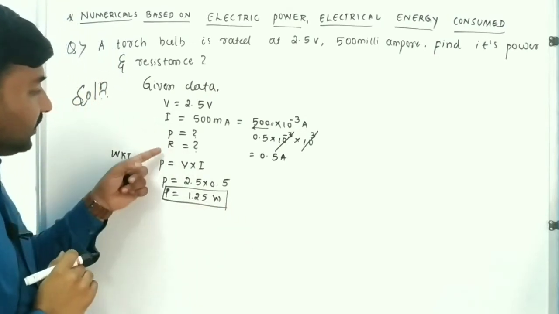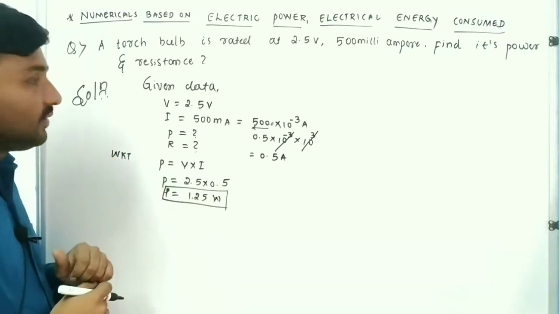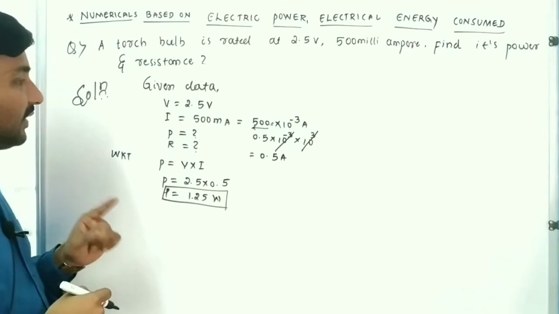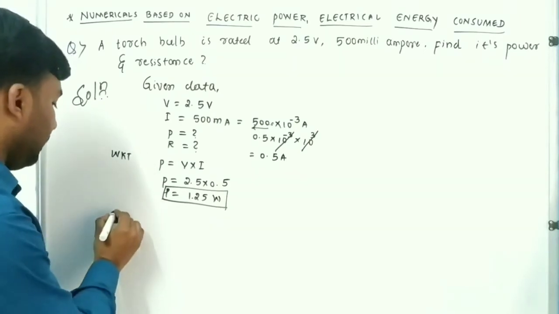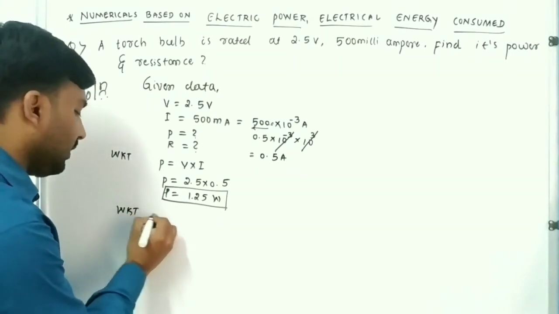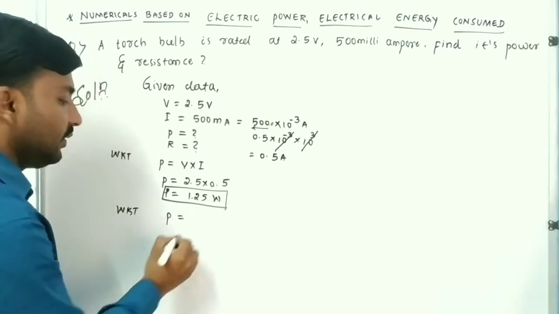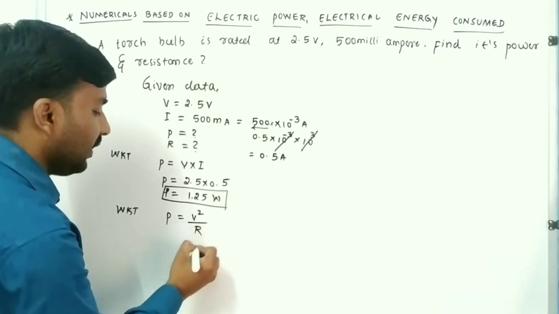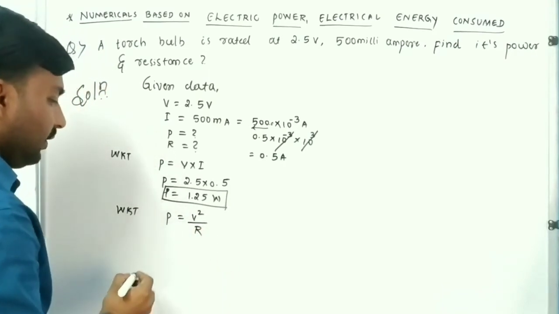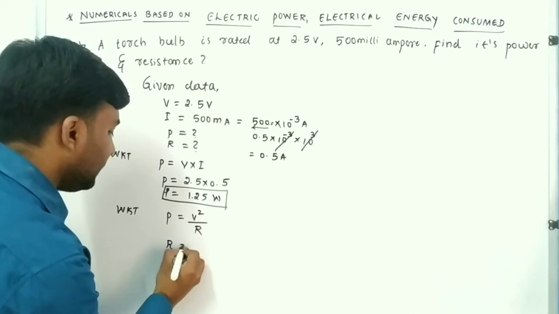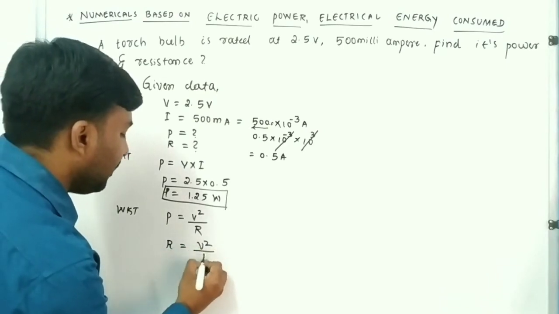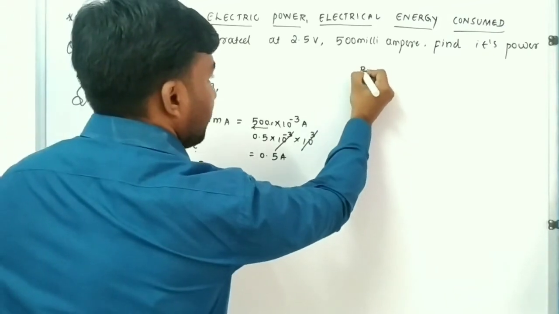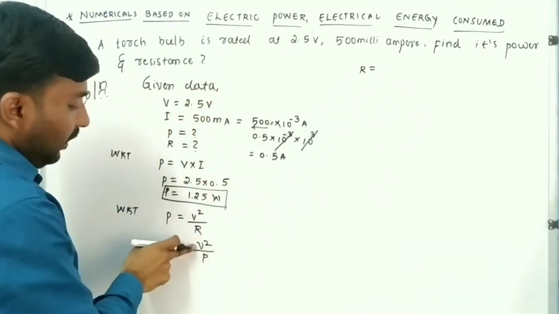Now similarly we have to calculate the resistance of the torch bulb. The relation between power, resistance and voltage, we know that P is equal to V square divided by R, right? Therefore R is equal to V square divided by P. This is equal to V, how much?